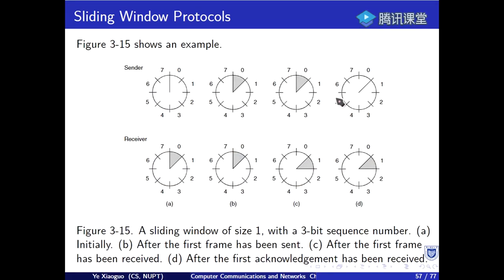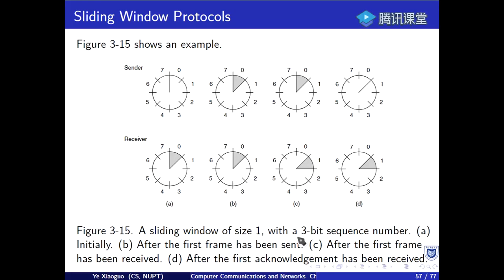This figure shows a sliding window example: a sliding window of size 1 with a 4-bit sequence number.